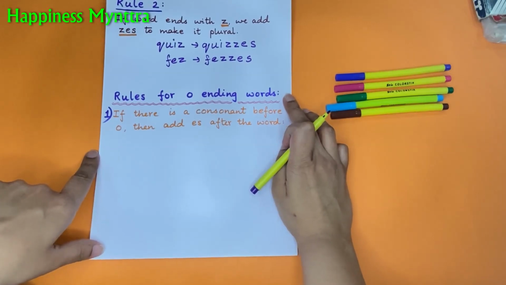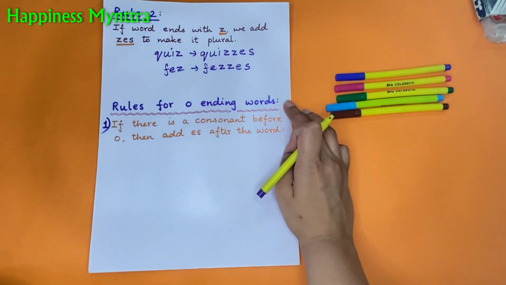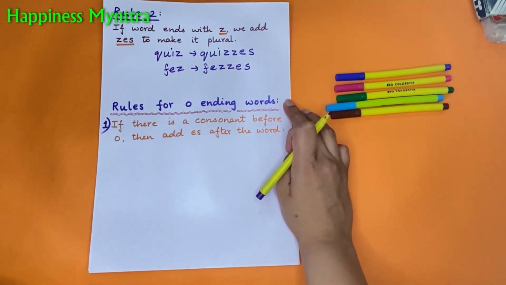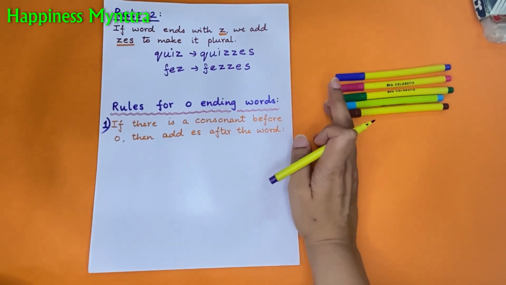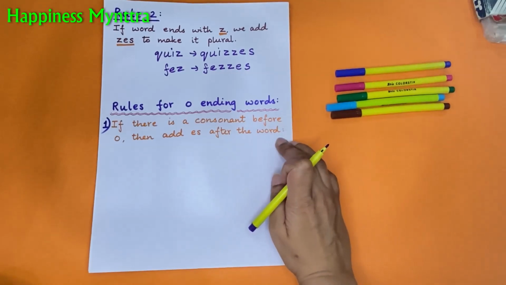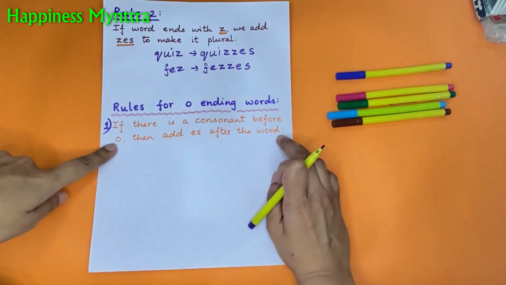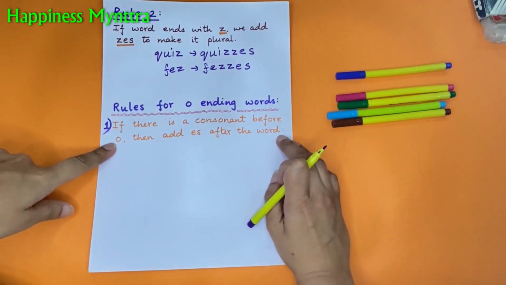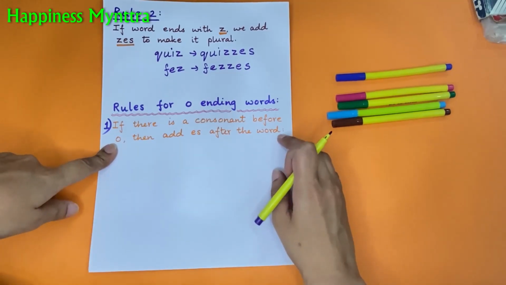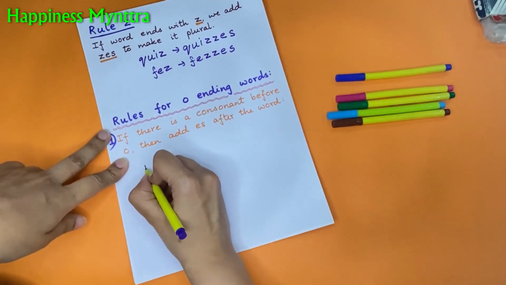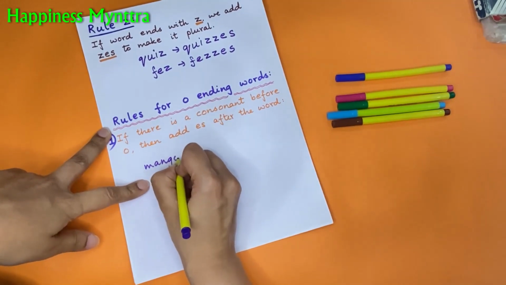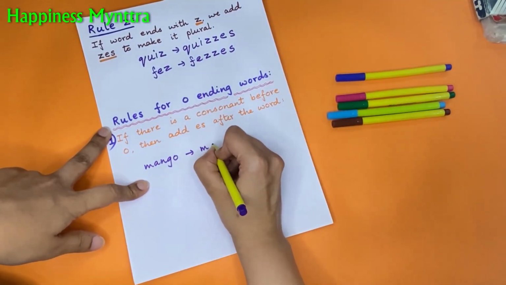Coming to the next rule: rules for words that end with O. Now, there are many words ending with O where we add es and there are many others where we add just an s. So how to differentiate? First things first. If there is a consonant before O, then add es after the word. So for example, it's summer, mango time, mango season.